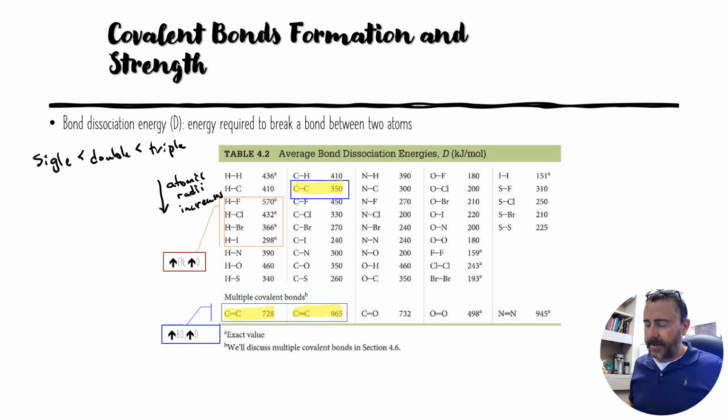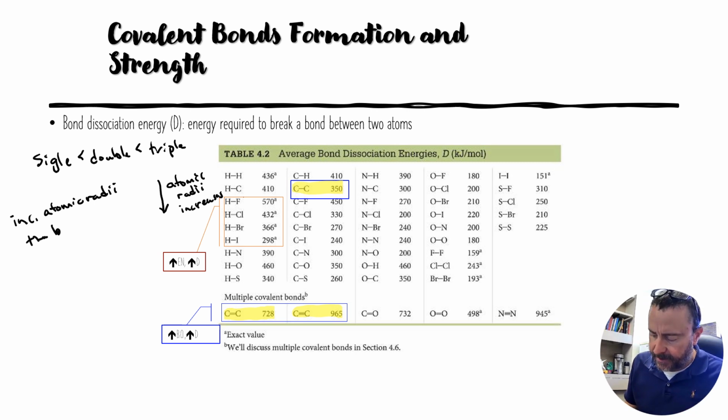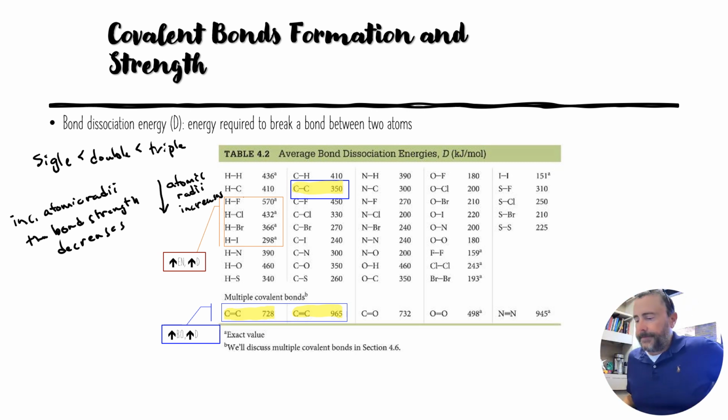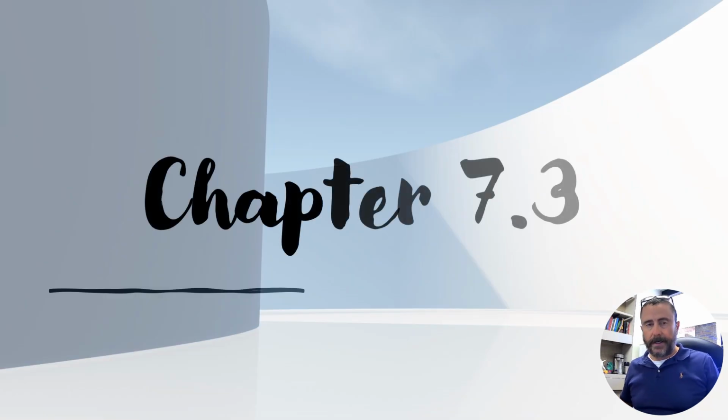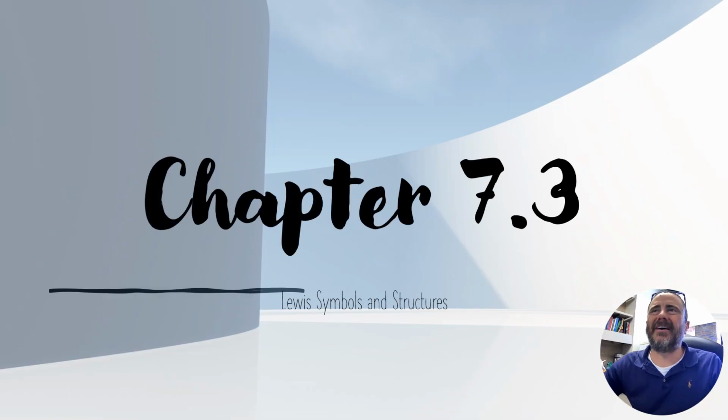And so as we increase atomic radii, the bond strength decreases. Okay, so again, we're just touching base on our different types of bonds in there.